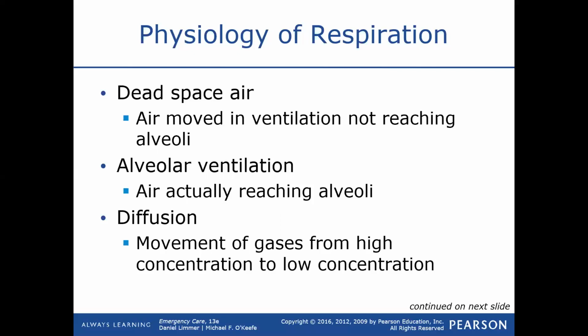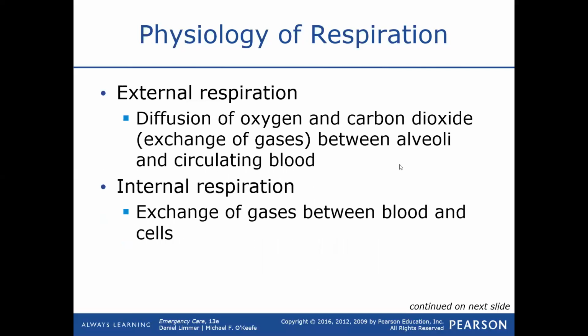Then there's alveolar ventilation, which is the air that actually reaches the alveoli. Remember the little grape-like structures in the bottom of the lungs. Diffusion is the movement of gases from high concentration to low concentration. So the oxygen is pulling out of the air into our body, and the carbon dioxide is moving out of our body into the lungs, and then we exhale that.